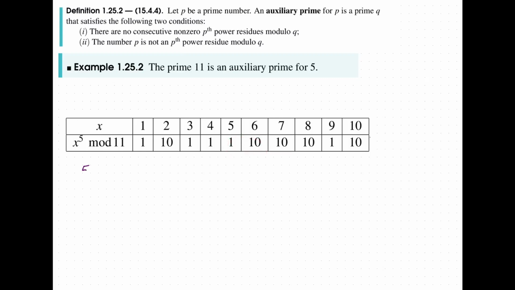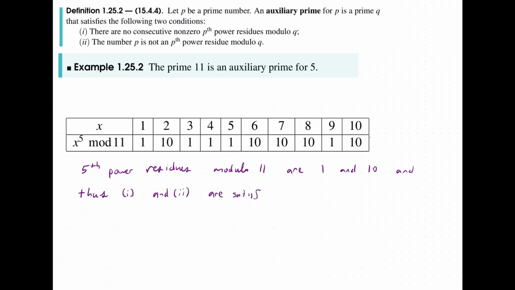So the 5th power residues modulo 11 are 1 and 10, and thus we have that conditions 1 and 2 are satisfied. And so 11 is an auxiliary prime for 5.